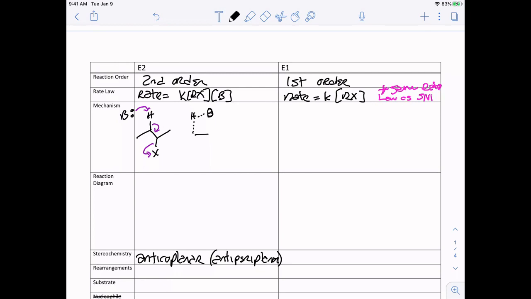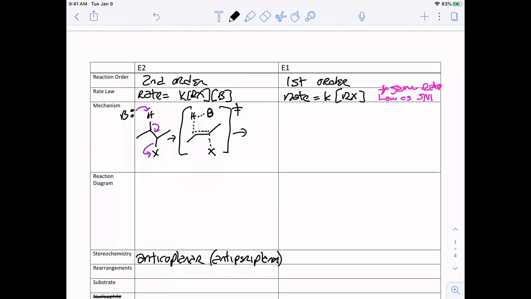So that's my base. So the base is taking the proton, so I'm forming that bond, so dotted. The bond between the proton and the carbon is being broken, so dotted. I am forming a pi bond, so I'm going to have a dotted line there. And then my leaving group, my halogen, is leaving, so a dotted line to that. And then don't forget the other carbons. And then it's a transition state, so brackets and my double dagger sign.